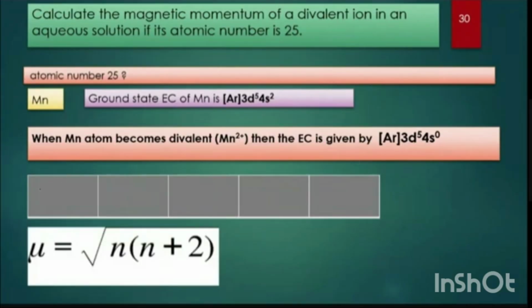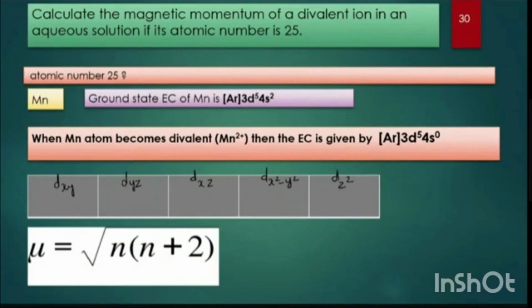These are the 5 degenerate d orbitals. They can be represented as dxy, dyz, dxz, dx square minus y square, and the last one is dz square.